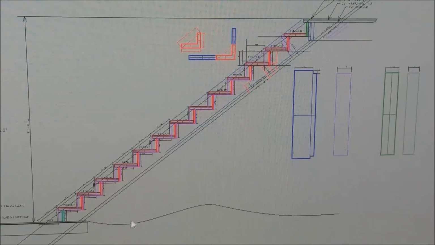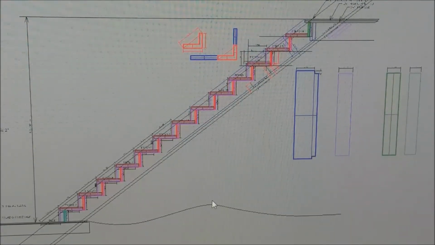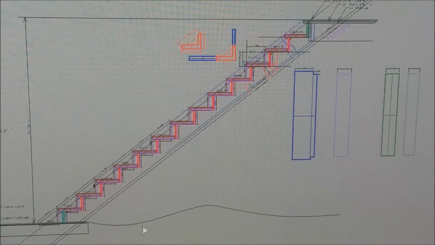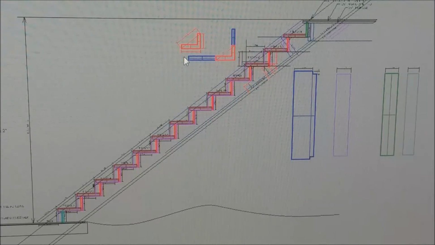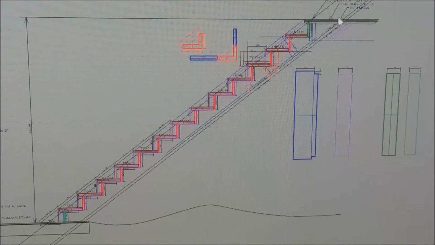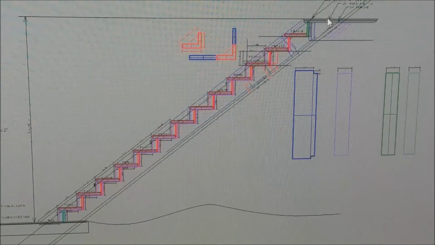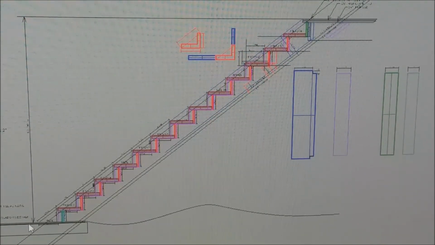Now you notice I'm drawing in this exterior, because we're outside today, an uneven piece of ground here in the yard. That's to show you that when you're measuring this total rise, it's the vertical distance from where they end up, that's where they land at the top, to where they started from at the bottom.